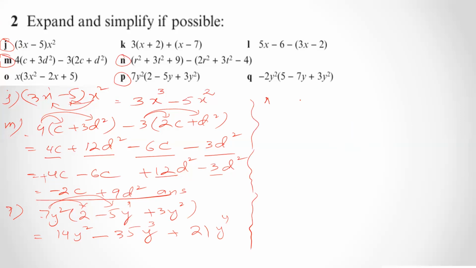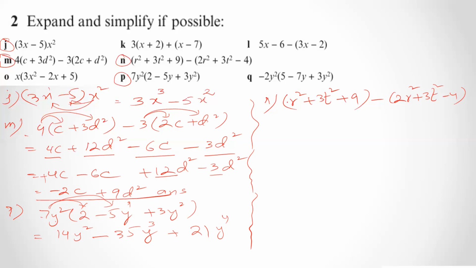Now we need to do question number N, right? N is having r square plus 3t square plus 9, then minus 2r square plus 3t square minus 4. What's happening here? There is a little difference. You can see that there is nothing outside the brackets. We do not have any constant or any variable outside.